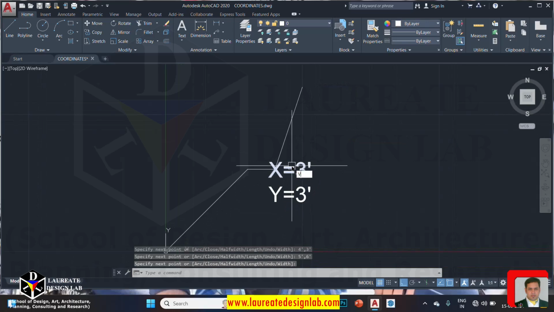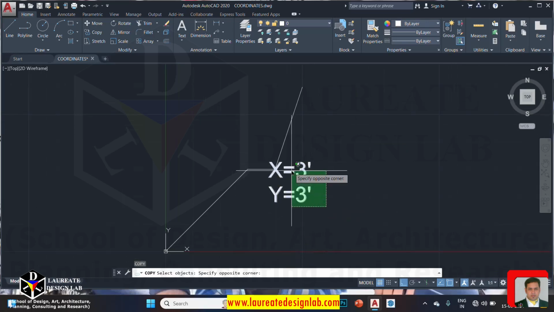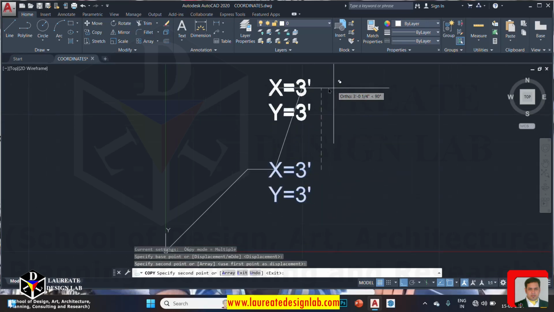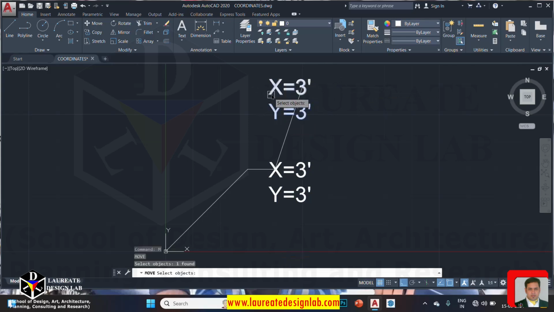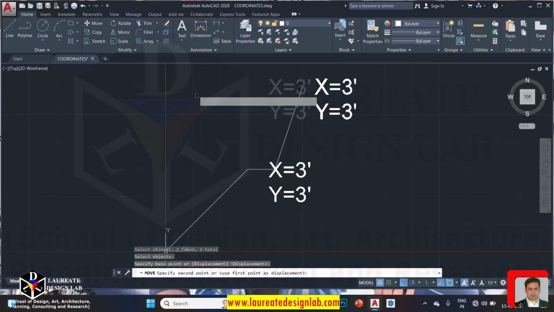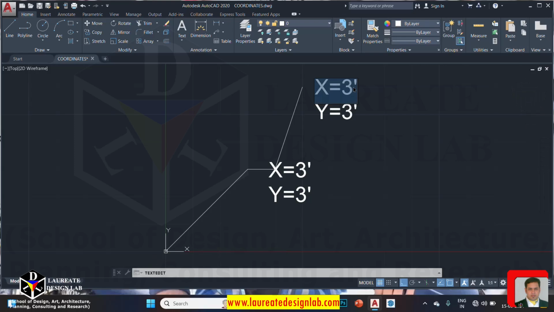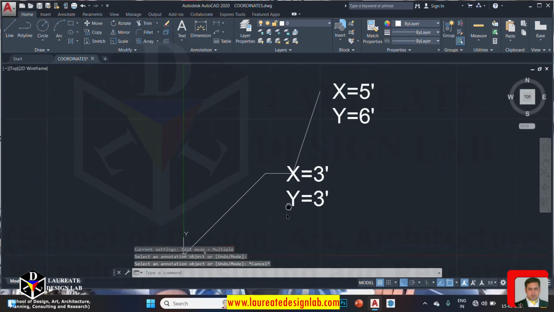So now I have taken this particular point. How much? X and Y. X I have taken, no, I have taken 1, 2, 3, 4, 5 feet. And Y I have taken how much? 6 feet.